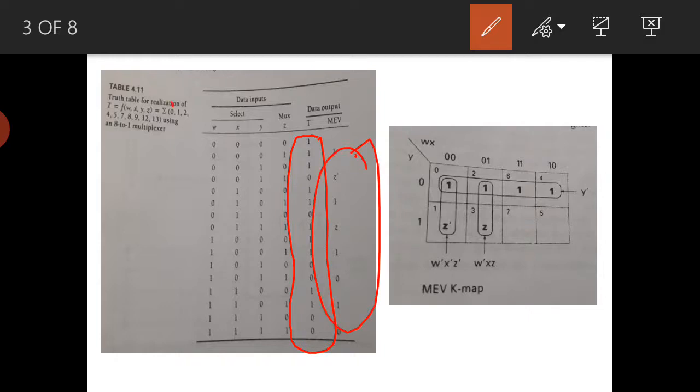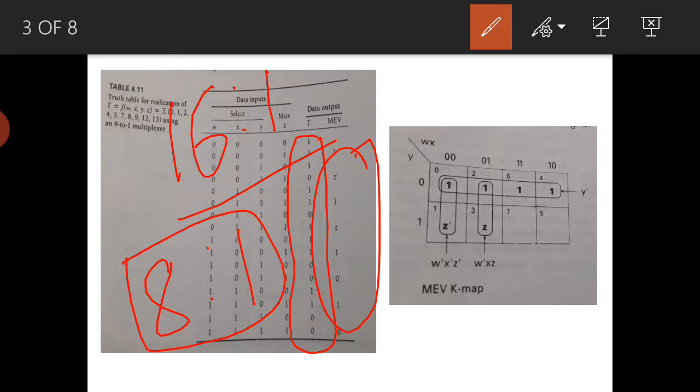Instead of using a 16 to 1 multiplexer, an 8 to 1 multiplexer is enough to realize this, such that there is no change in the original truth table.